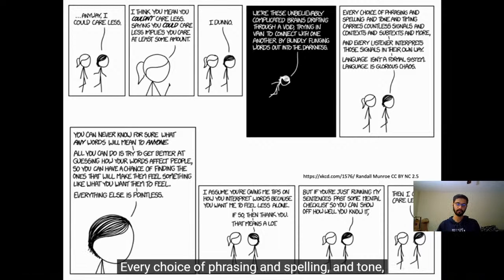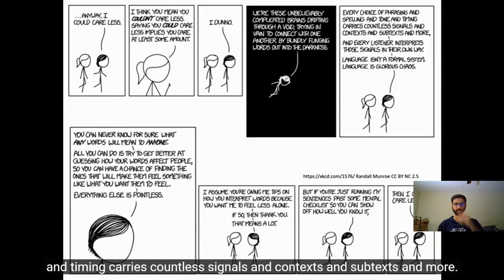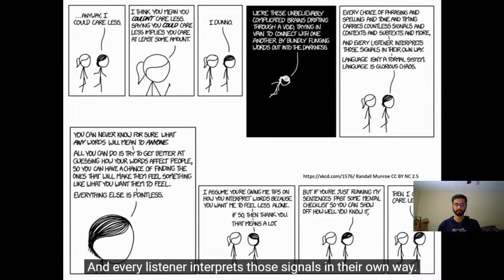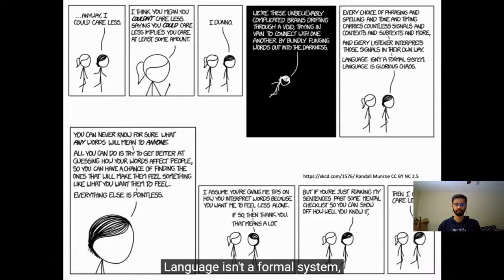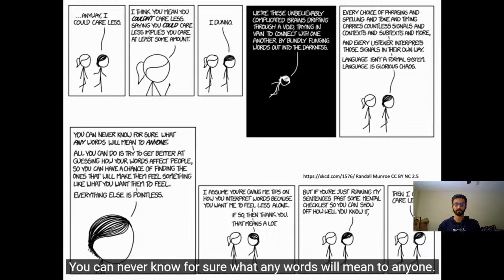Every choice of phrasing and spelling and tone and timing carries countless signals and context and subtext and more. And every listener interprets those signals in their own way. Language isn't a formal system. Language is glorious chaos. You can never know for sure what any words will mean to anyone. All you can do is try to get better at guessing how your words affect people, so you can have a chance of finding the ones that will make them feel something like what you want them to feel.